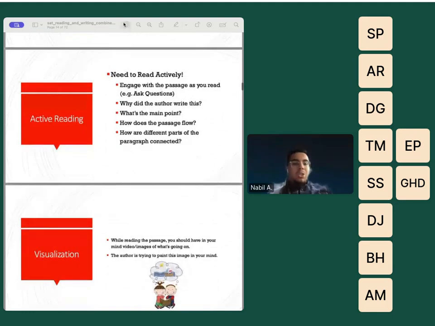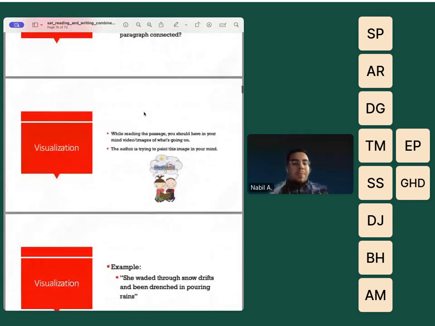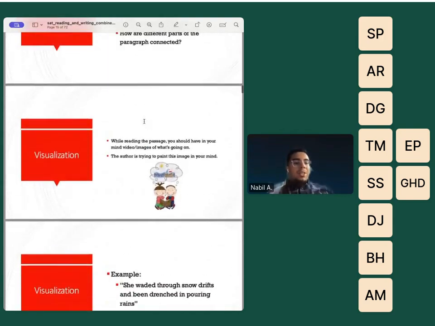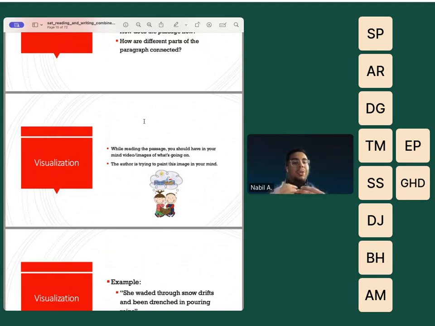Also with active reading, and this is definitely a skill that will take some time to get used to, I really like students to do visualization. Visualization, aka making a picture in your head while you're reading the passage. You should have some sort of picture going on while you're reading, especially for the very complex passages.